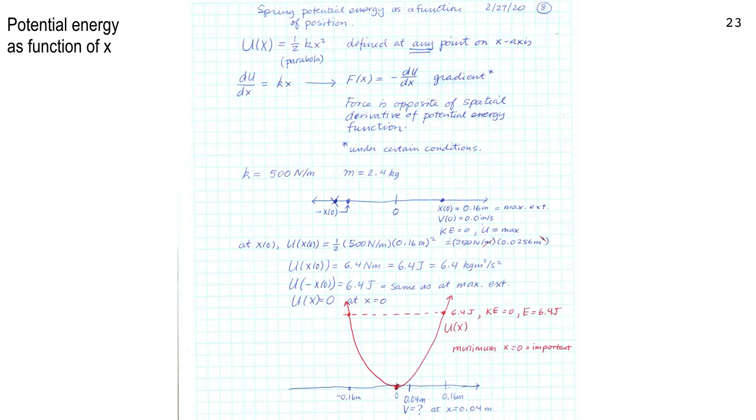But this is always the case. This is the relationship between force and potential energy. So if you have a potential energy function, the force is the opposite of the spatial derivative of the potential energy function.